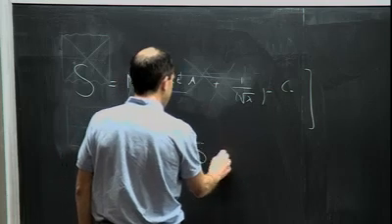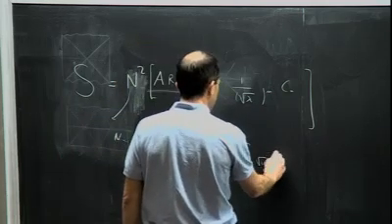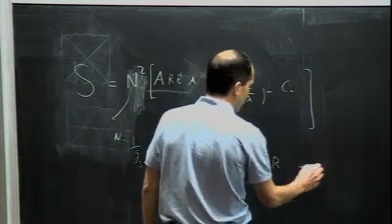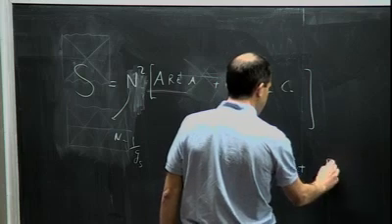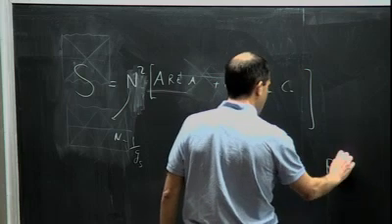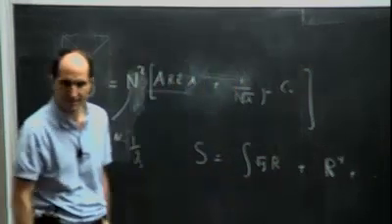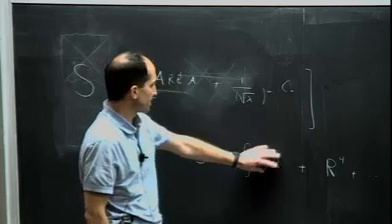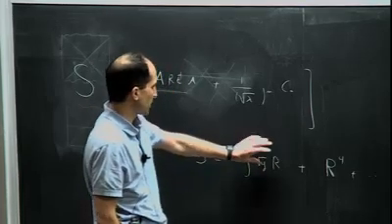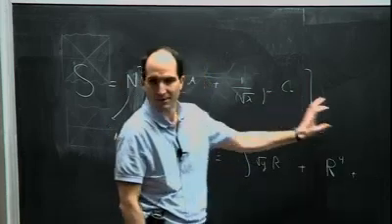So we have an action which contains, for example, square root of g times R. If we take the particular case of 10-dimensional super Yang-Mills, in AdS we have an R to the 4th correction, which is the first curvature correction that we have. So the idea is that this first term in the action will produce an area term, and this term will produce some correction.